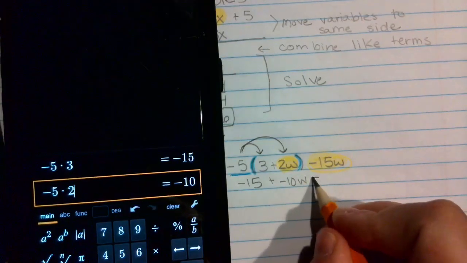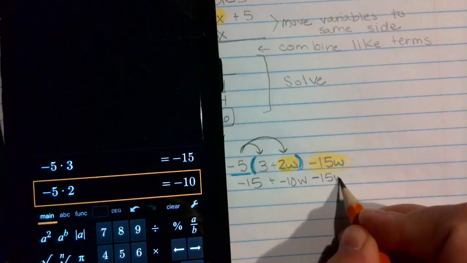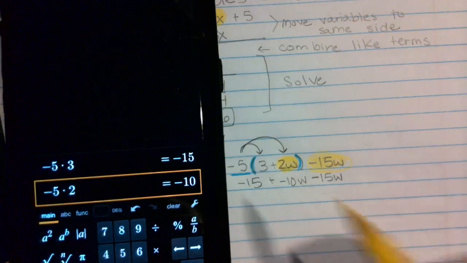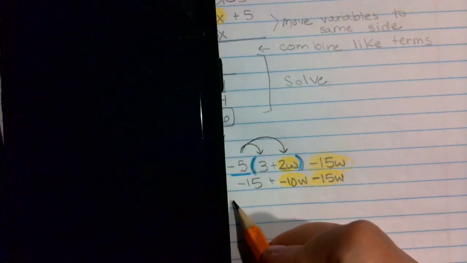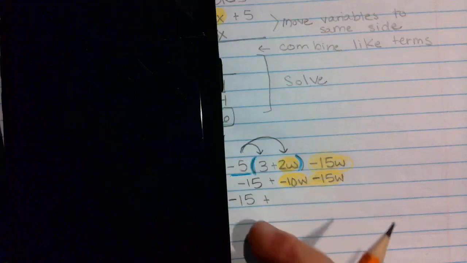But I still have this minus 15w. So I want to put those together because those are like terms. Here we have this negative 15 plus, and then I have negative 10w minus 15w.